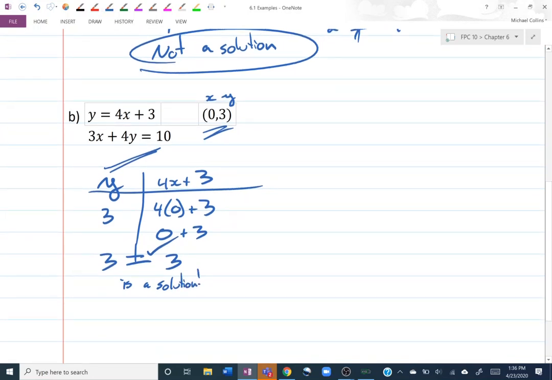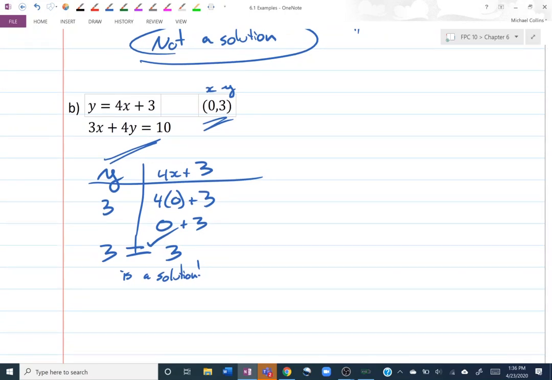In order for this point to solve the system, it's got to work for both lines, not just one. So I've got 3x plus 4y is equal to, sorry, I'm making a table, not an equals, 10. On my right-hand side, I'm just going to drop that down. It's just going to stay 10. There are no variables over there.